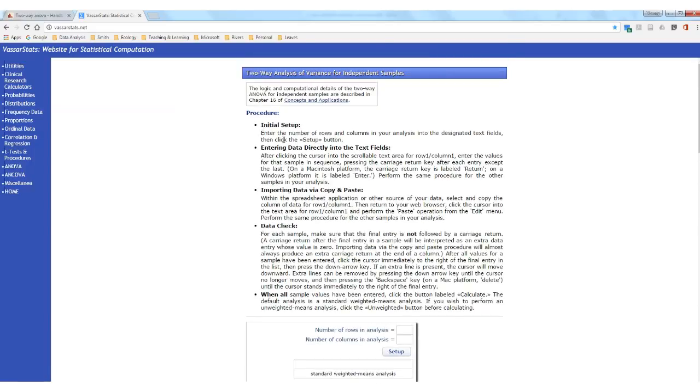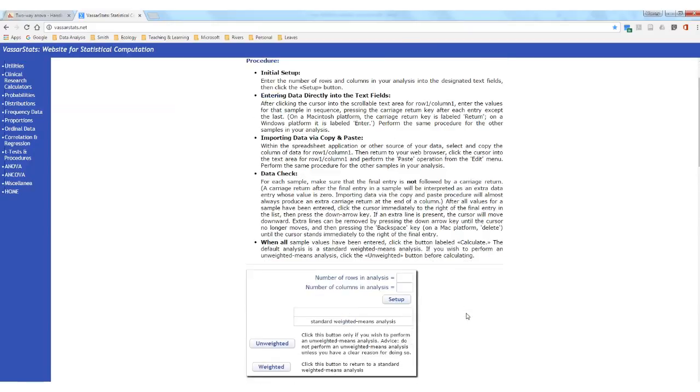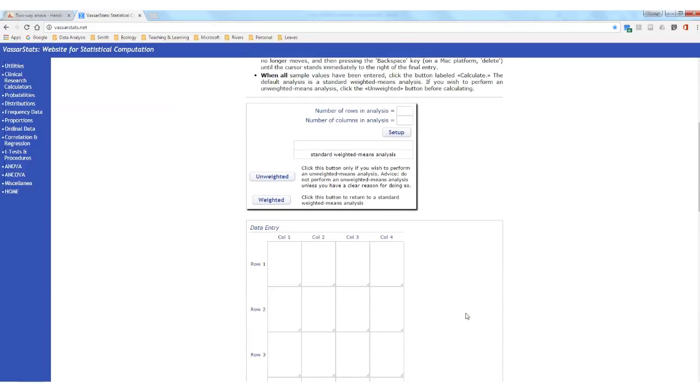You should read all of the instructions to make sure you understand how to perform this test. This example has what's called a 2x2 factorial design. So we have two factors, year and location, and within each of those there's actually two different categories. We call those levels within the factor.